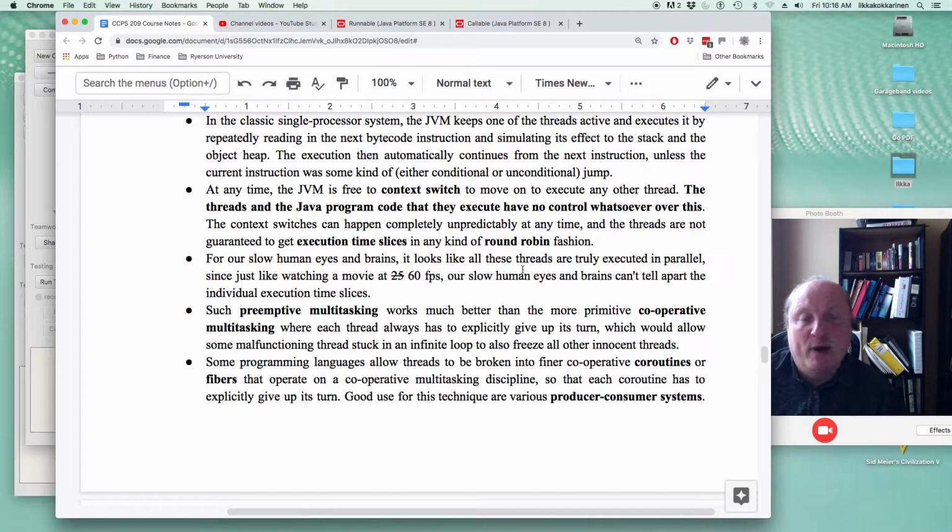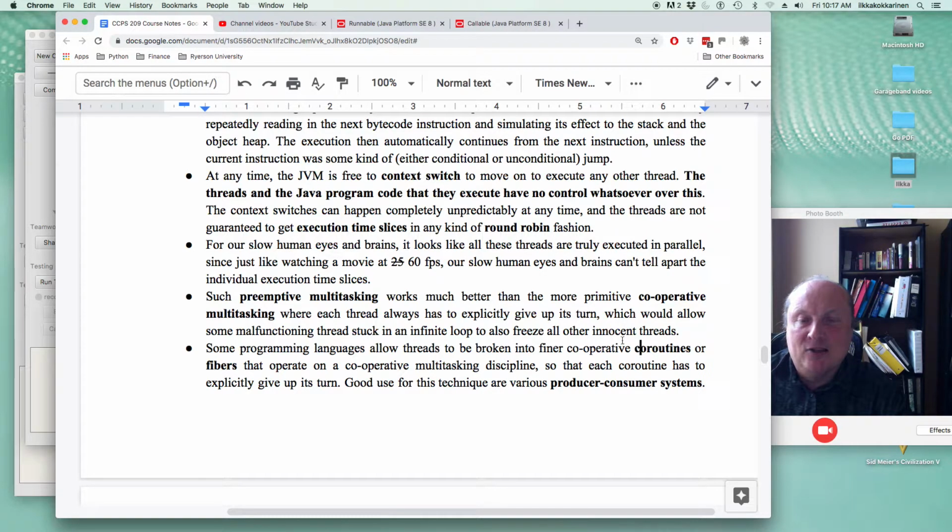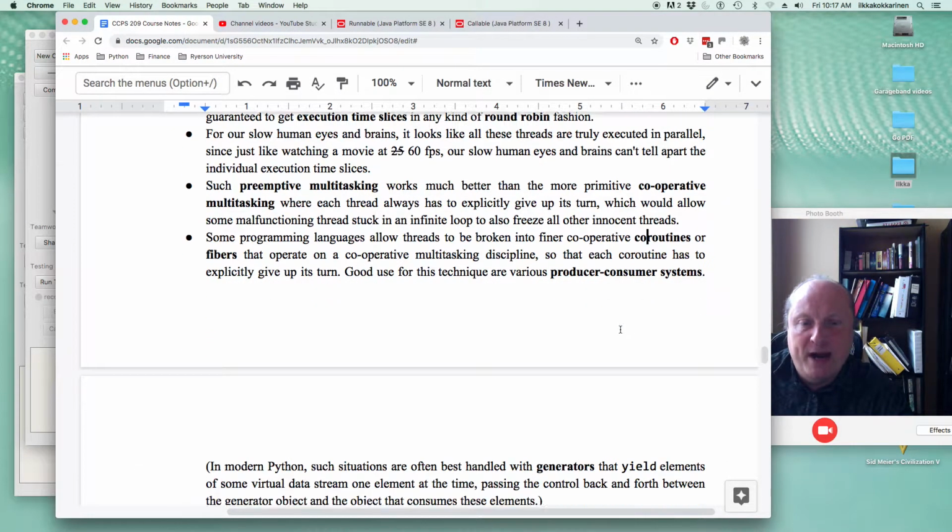And when the generator voluntarily gives up its turn by calling yield, the context switch happens and execution continues from the other thread. Thread is the wrong term here, but it's just the analogy. So coroutines and cooperative multitasking have a place. We just have to know where that place is.